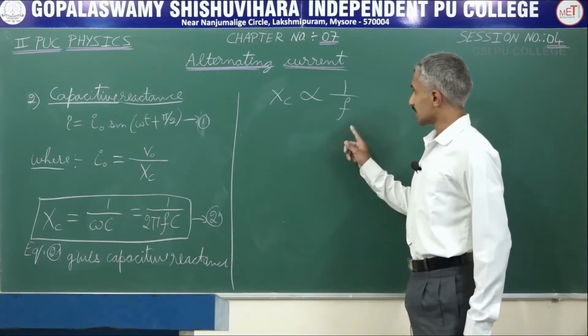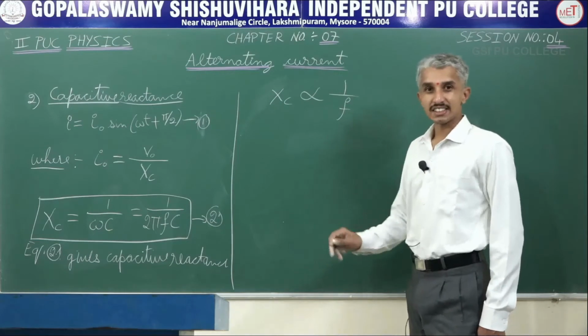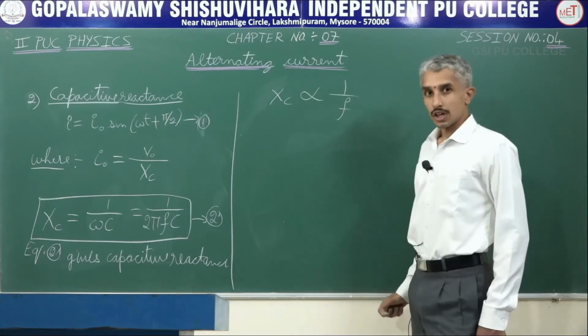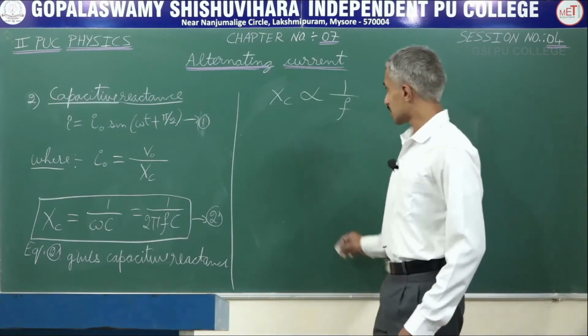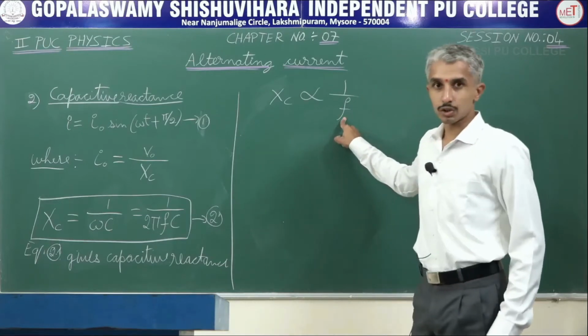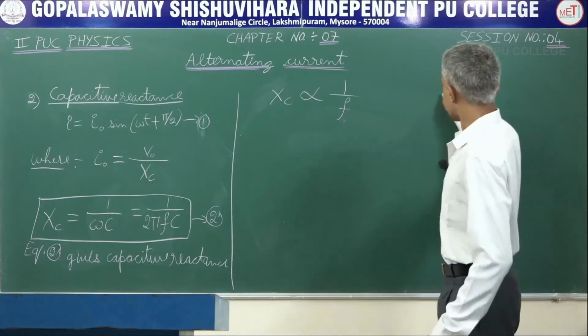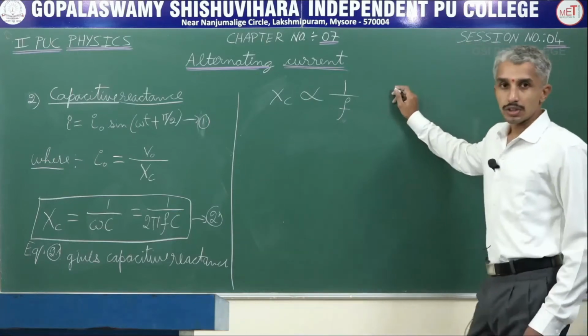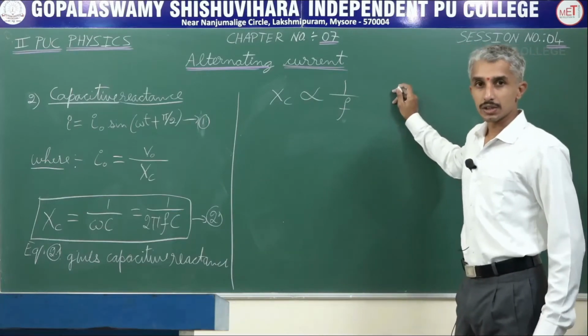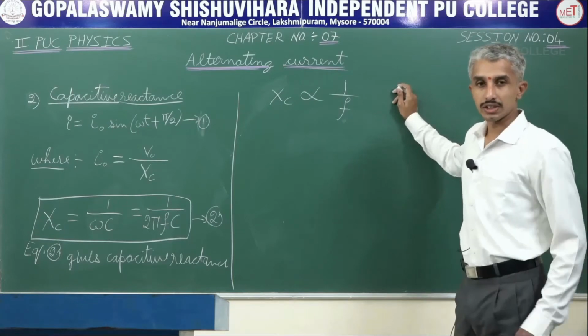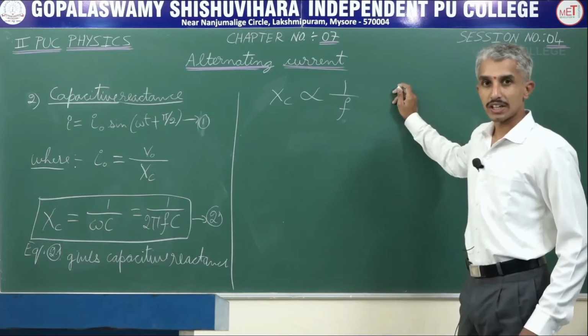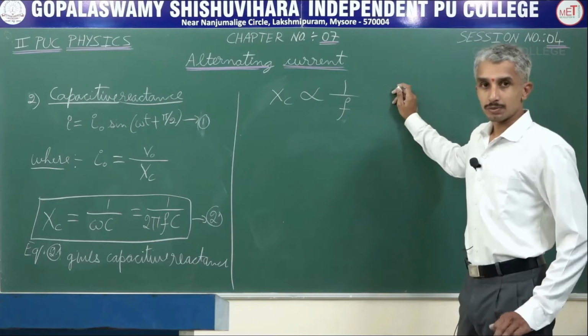If frequency increases, capacitive reactance decreases. So we also mention in words generally, just consider the frequency to be 0, which means a DC current. For a DC current, the voltage or the current in the circuit is always constant. It does not change, neither the polarity nor the magnitude change.